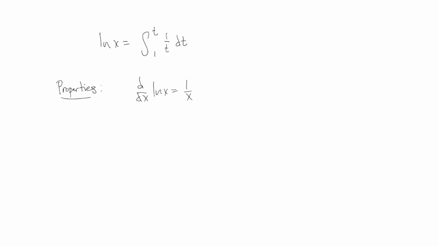And then also other important properties that we talked about were the natural log of 1 is 0, and the natural log of a product, a times b, is ln a plus ln b, all right? All of these things can be proved directly using the definition up there and some simple tricks. All right.